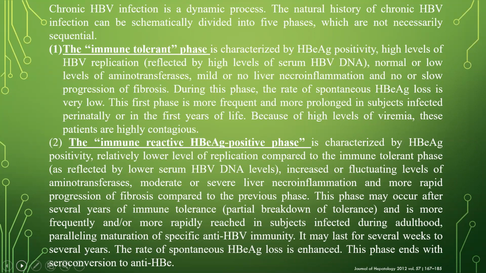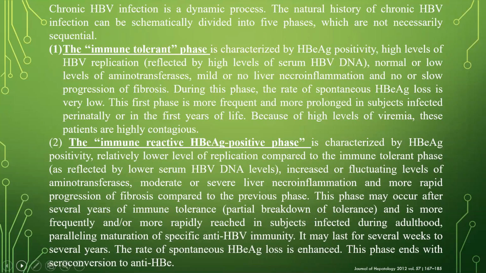It's characterized by hepatitis B e antigen positivity, high levels of replication of the virus, reflected by high levels of serum DNA of hepatitis B, normal or low levels of aminotransferase, mild or no liver necroinflammation, and no or slow progression of fibrosis.